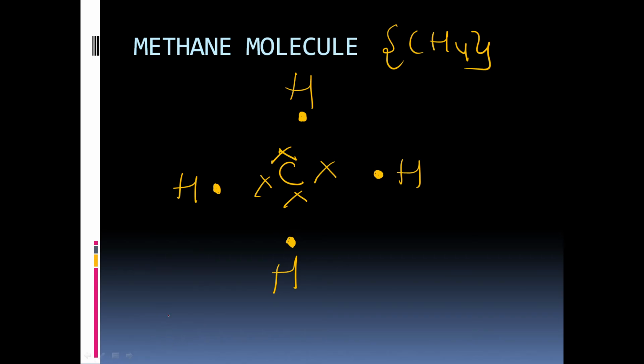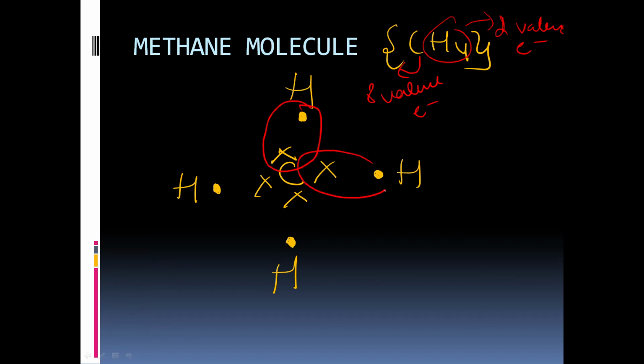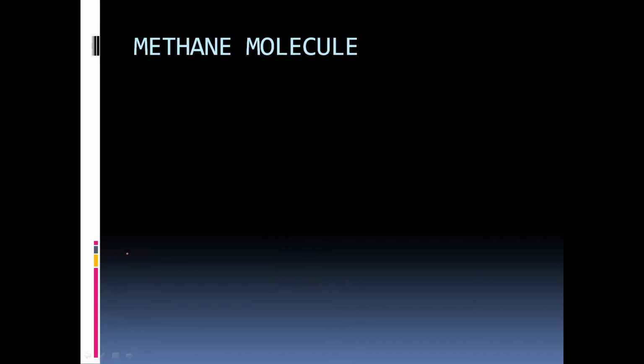let me change the ink color first. So what happens is, carbon requires 8 valence electrons, I just told you right now. And hydrogen requires 2 valence electrons in order to complete its duplet, right? So hydrogen shares, then again hydrogen shares. So all the hydrogens became stable. Correct? Sorry, I'll draw it again then.